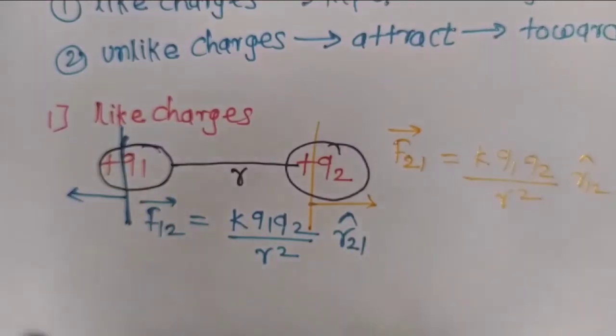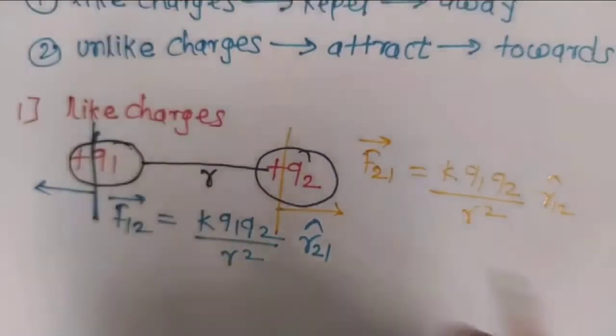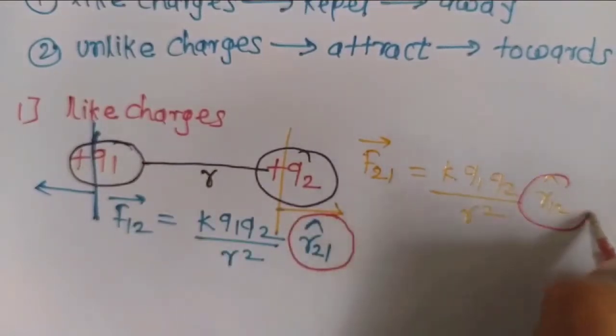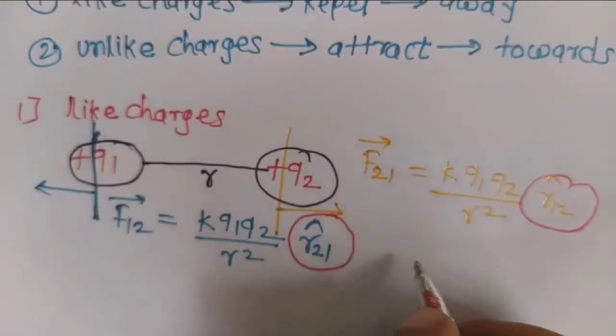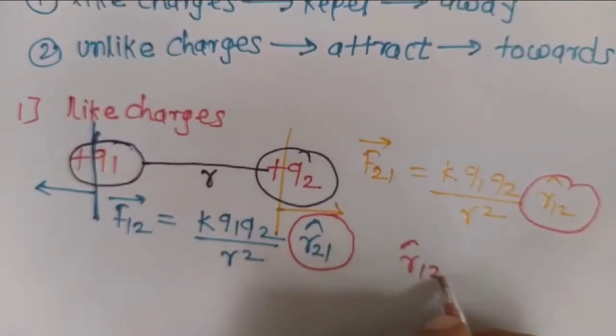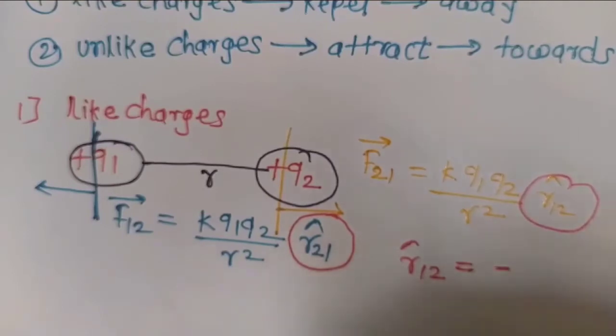The direction of the force is from 1 to 2, and r cap 21 and r cap 12 are in opposite directions. We can see in the diagram that r cap 12 is minus r cap 21.